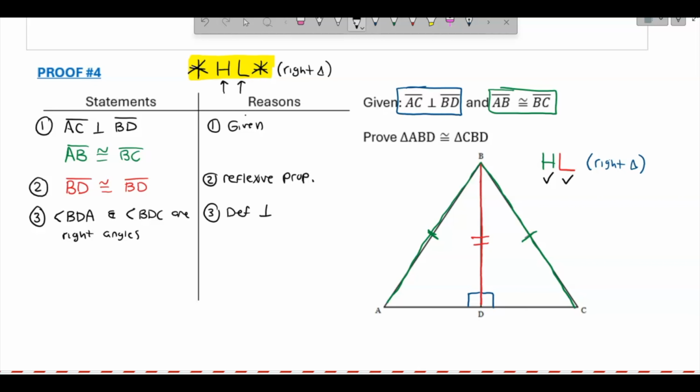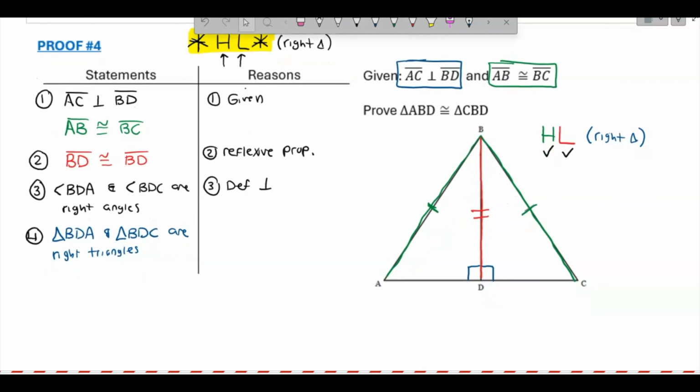We now need to take this a step further, because this now tells me that triangle BDA and triangle BDC are then, by default, going to be right triangles. Once again, I know in a lot of these proofs you might look at it and go, well, duh, isn't that obvious? And it is.